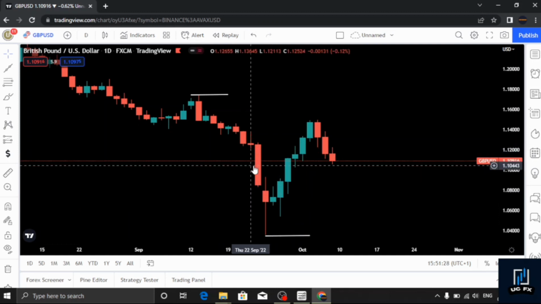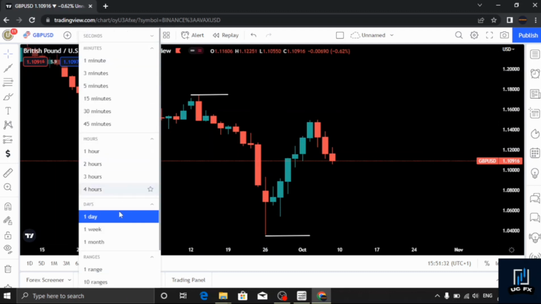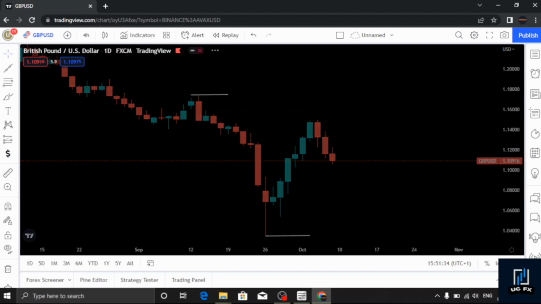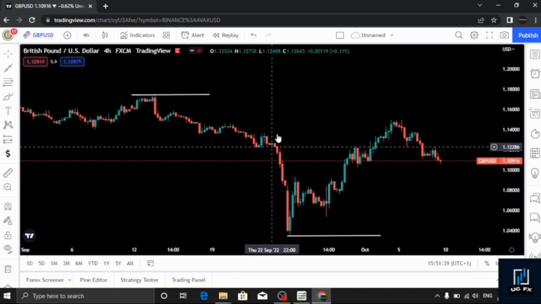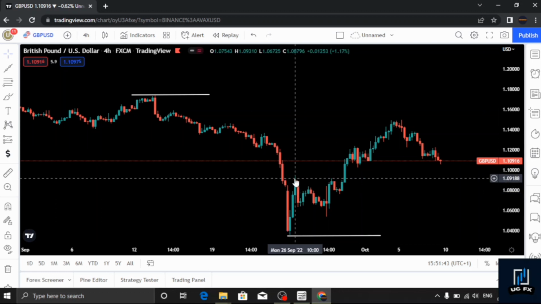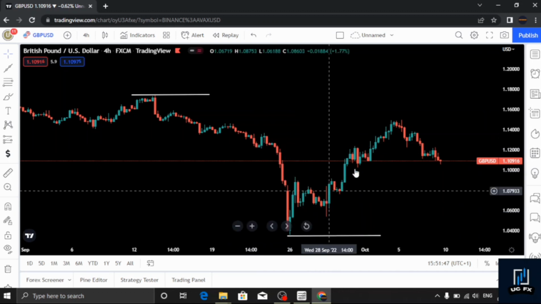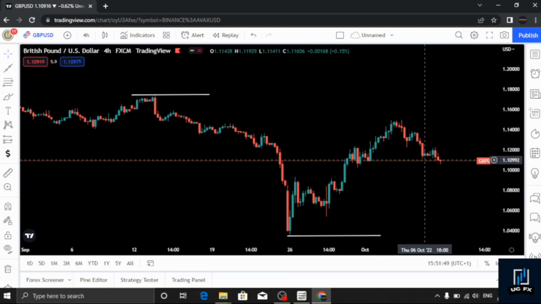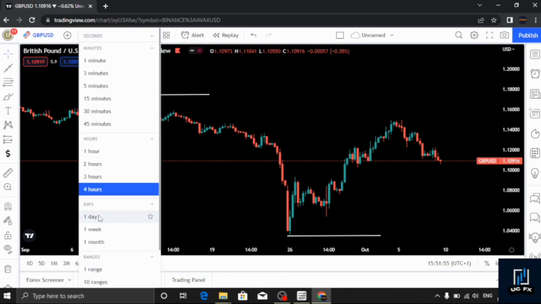If you go down to the lower time frames, like the H4 time frame, you will spot that this place was actually used as liquidity, because we had liquidity in the form of equal highs. So all this liquidity needs to be cleared before price can actually start going to the downside. So let's go back to the daily time frame to continue our analysis.